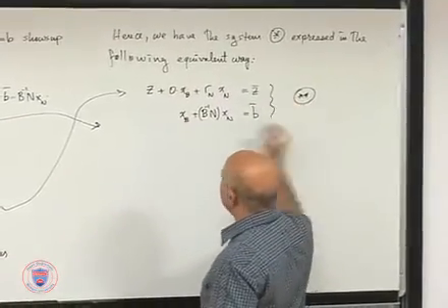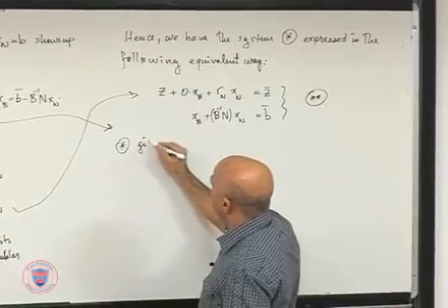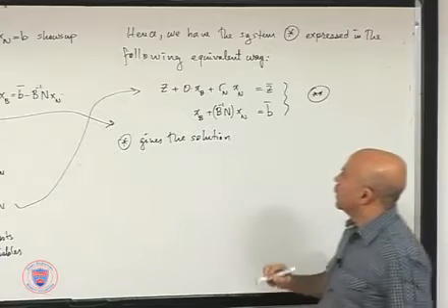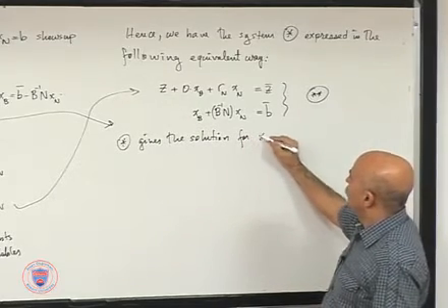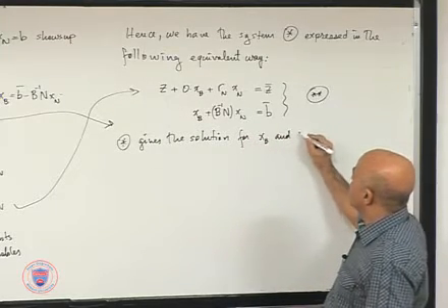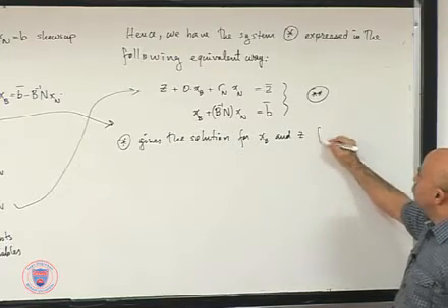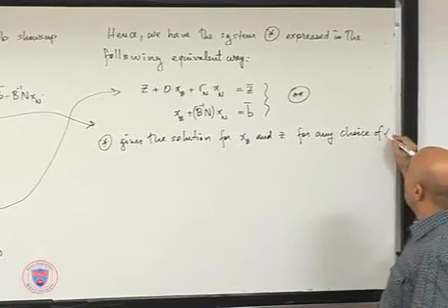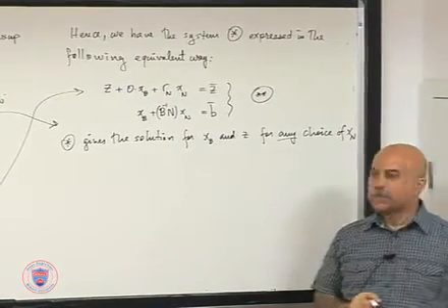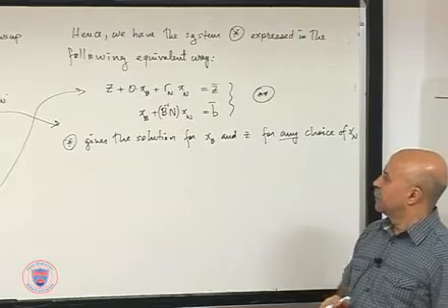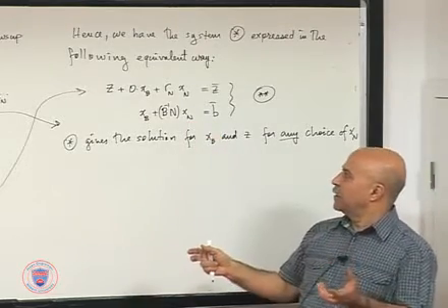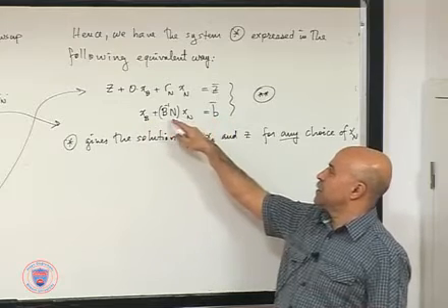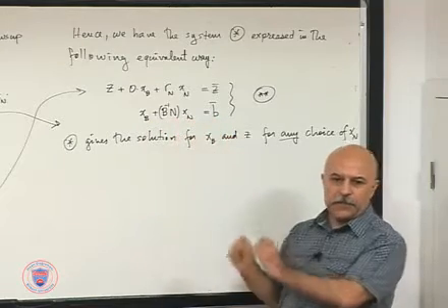Double star gives the solution for xb and z for any choice of xn. Okay? Because as soon as you specify xn, you know that xb is equal to b bar minus b inverse n times that specified vector xn.